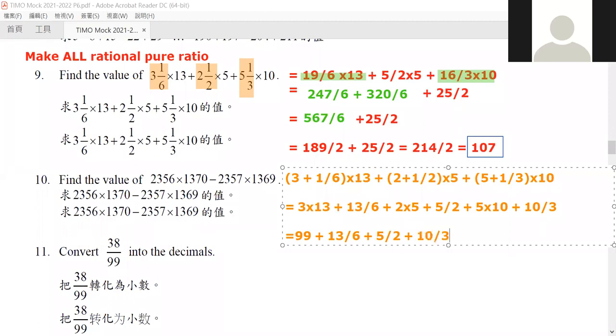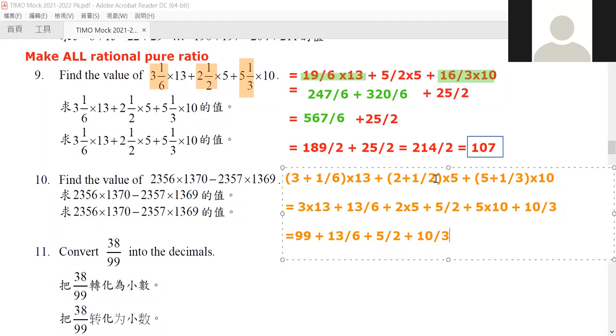Now, of course, we can further reduce it, because our 33 over 6 will be equal to 2 plus 1 over 6, right? And the second term is equal to 2 plus 1 over 2. And the final term is equal to 3 plus 1 over 3. So in other words, it's 99 plus 2 plus 2 plus 3.